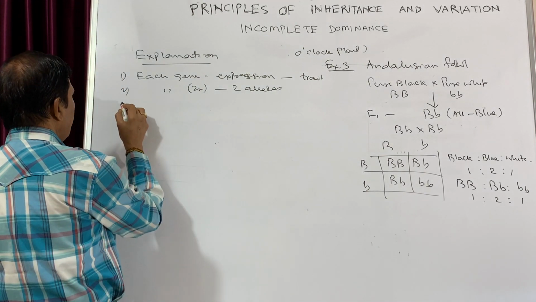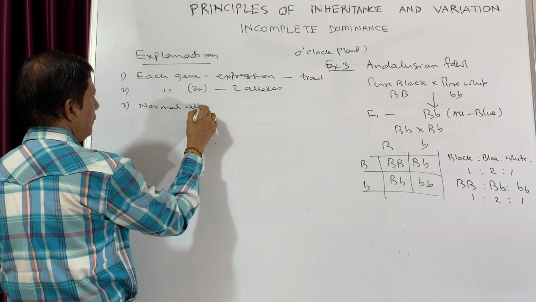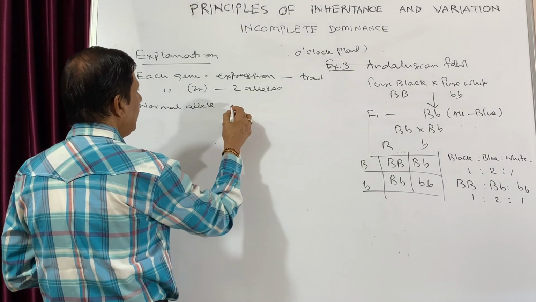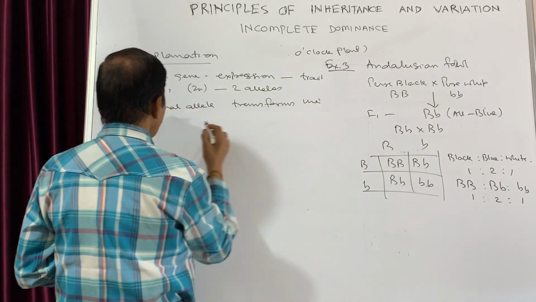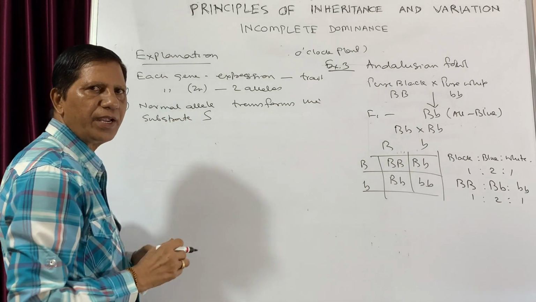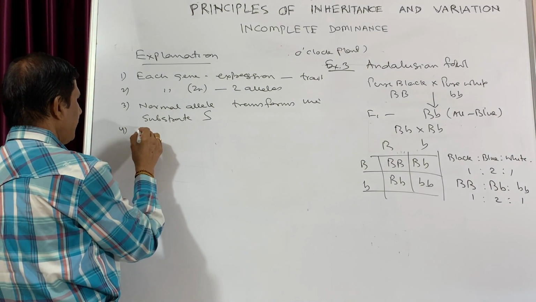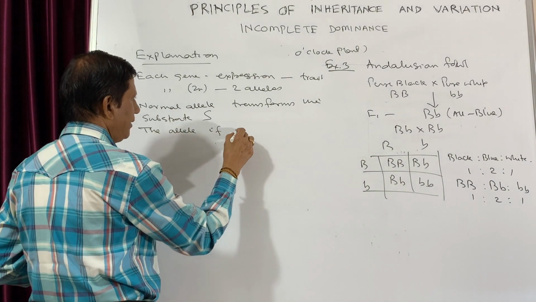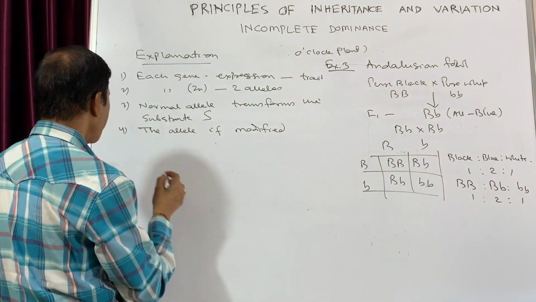Now, what happens? The normal allele usually transforms the substrate S into products. But if one of the alleles is modified, what will happen?